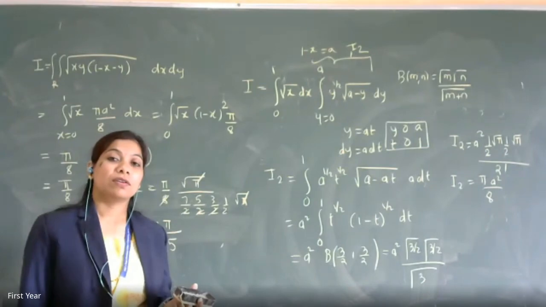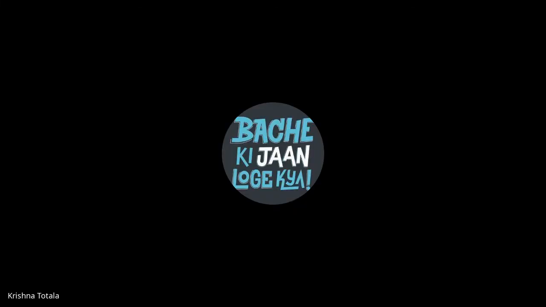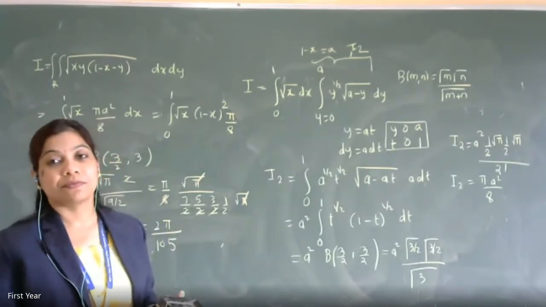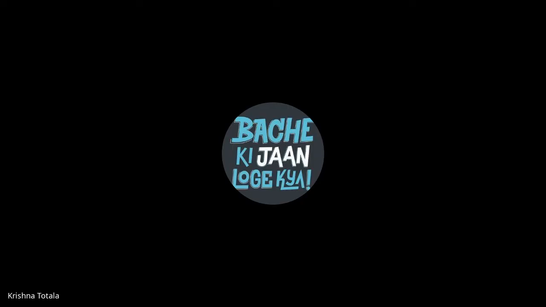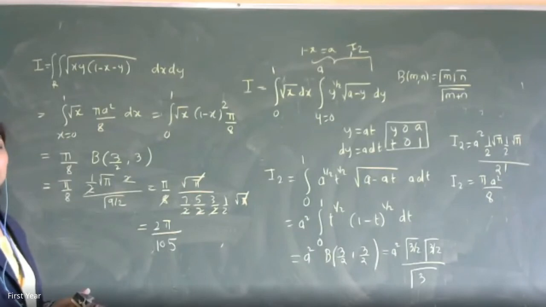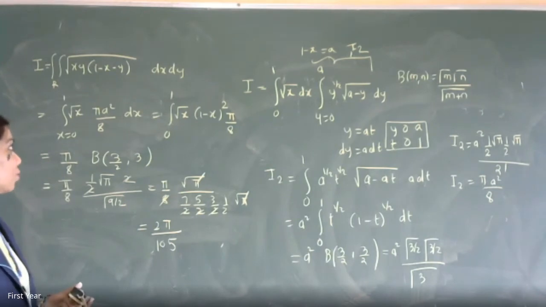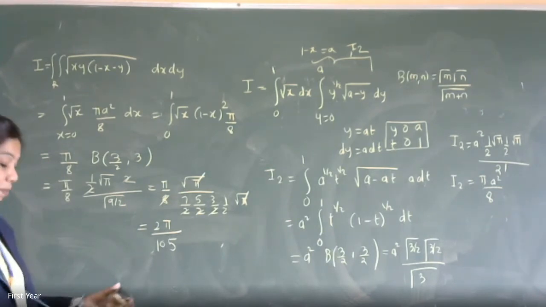Krishna? Yes, ma'am. 2 pi upon 105? Yes, ma'am. Okay. Then Akshata Khanade, did you get the answer? Yes, ma'am. Okay. So should we go ahead then to the next slide?